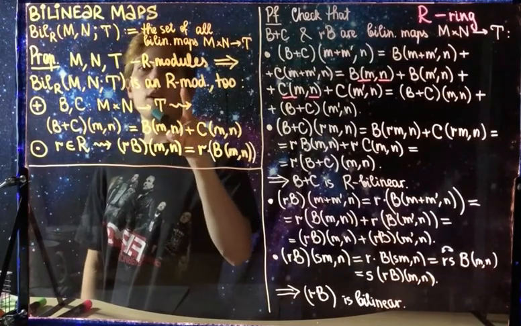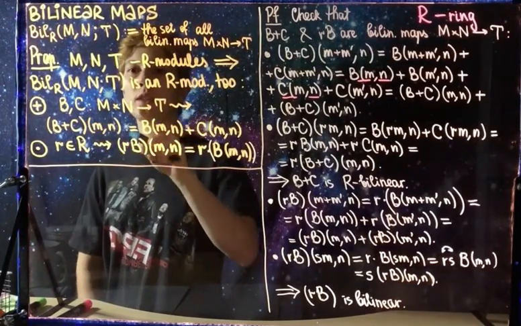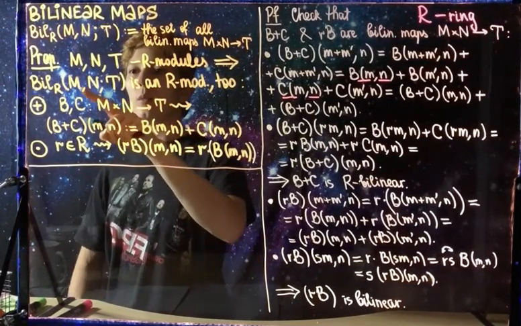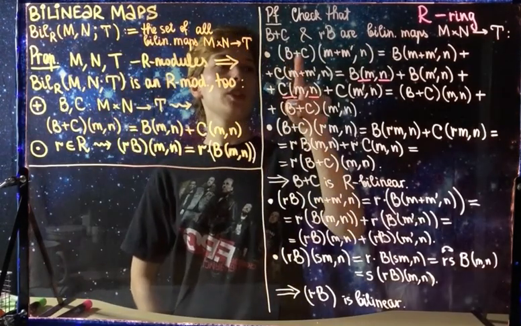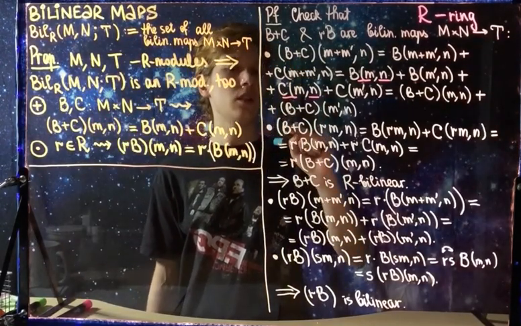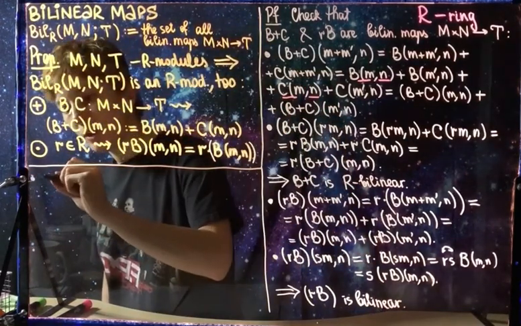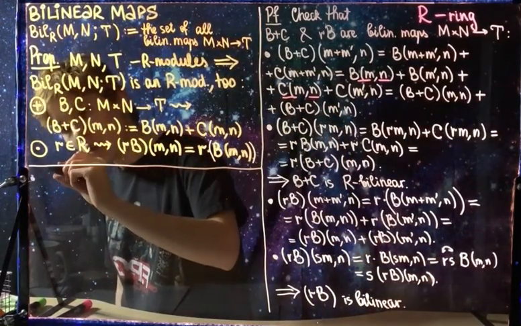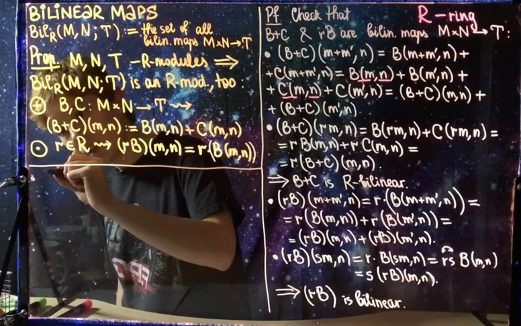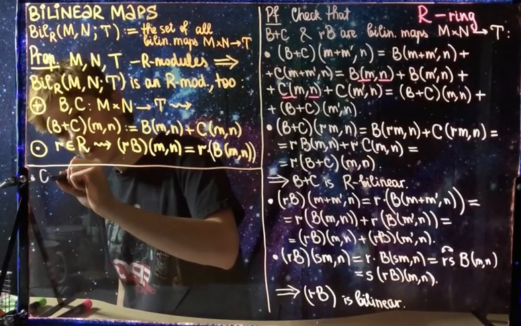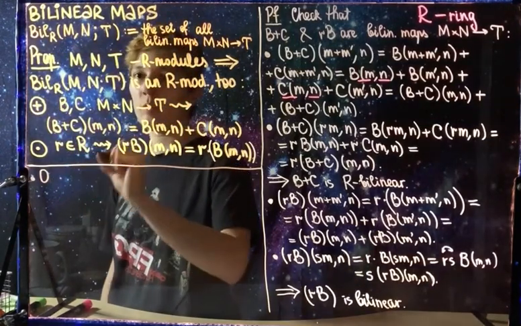To see that this set is an R-module, we need to check that it is an abelian group with respect to addition. We know that there is a neutral element with respect to addition, so we know that 0 is a bilinear form.